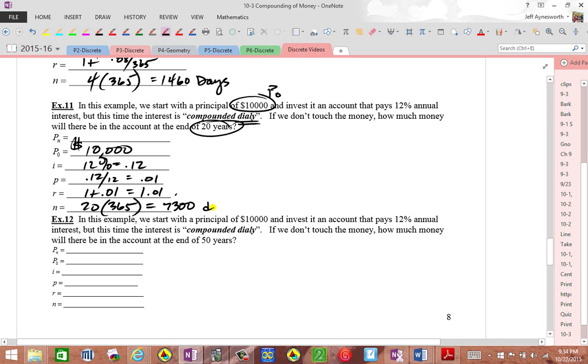That's why this is better than monthly and better than annually. So the amount that we have after 7,300 days is equal to the amount that you deposited initially times 1.01 raised to the 7,300 power. Look at that.